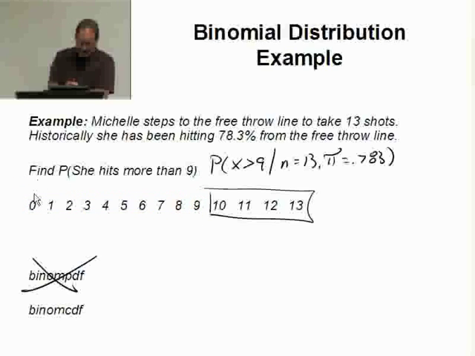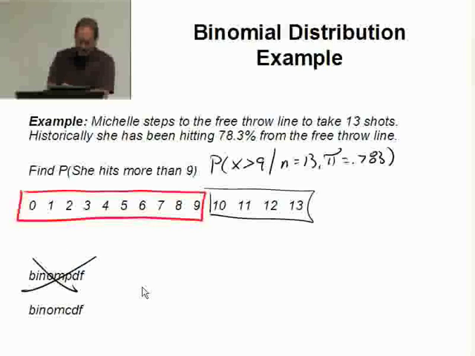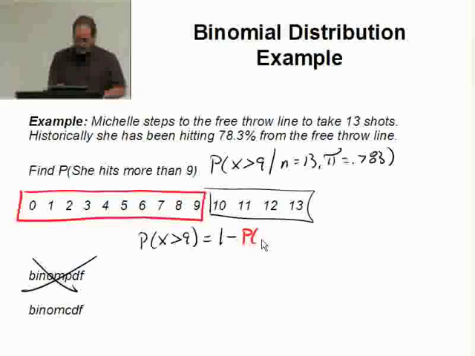Oops, I need to do that again because I kind of cut my 9 in half. There we go. So I can look at it this way: the probability that x is greater than 9 equals 1, the whole thing, minus the probability x is less than or equal to 9.